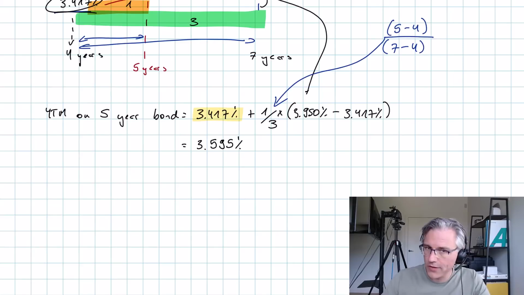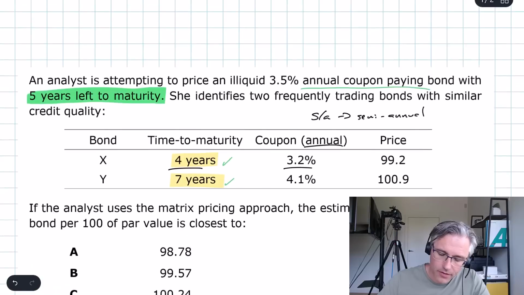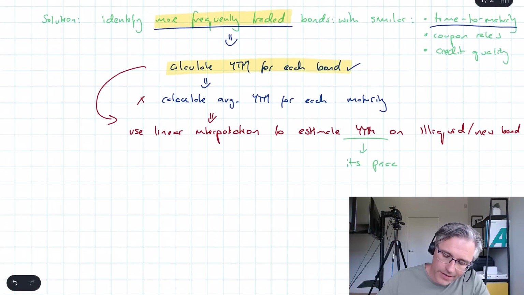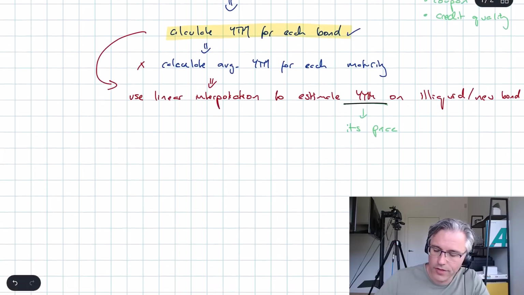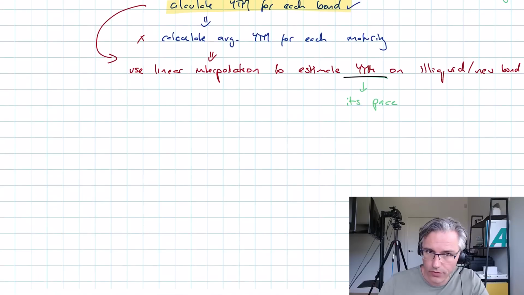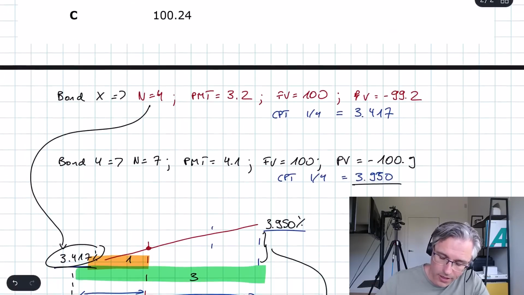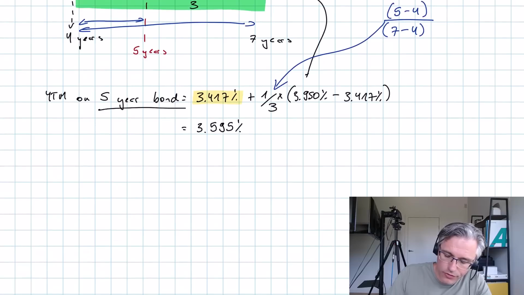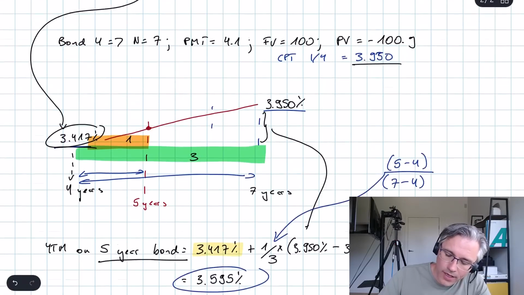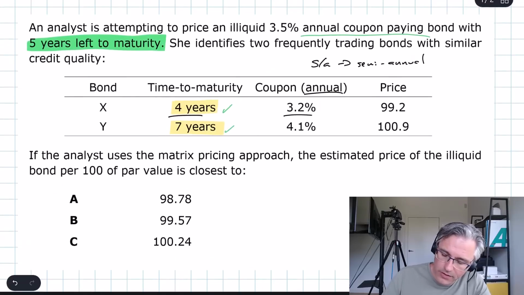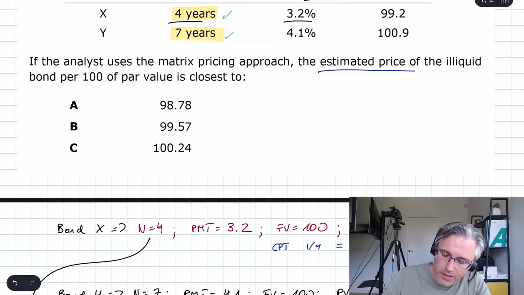And now, obviously, this is not the answer yet. What I've done is I've estimated the yield to maturity on the illiquid new bond. That's going to have 5 years to maturity. But now I need to use this estimate to actually get the price of the bond, because we were asked for an estimate price of the bond.